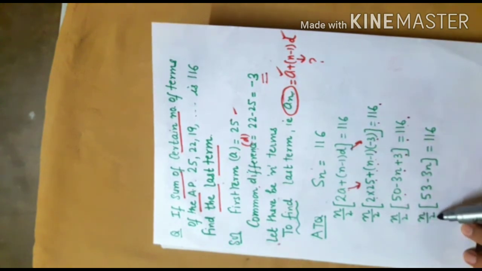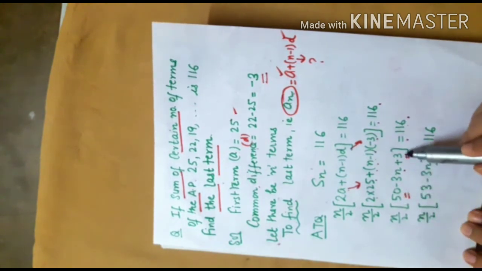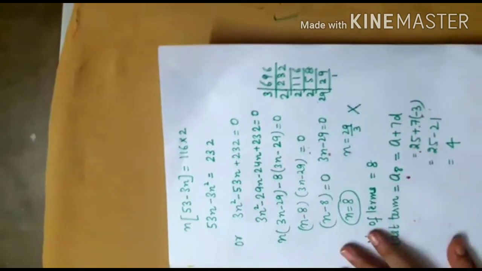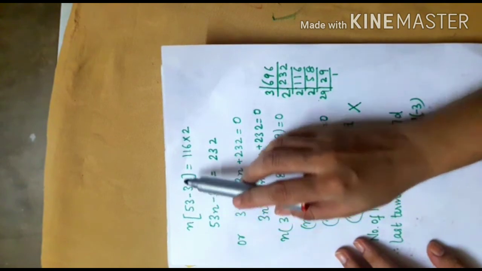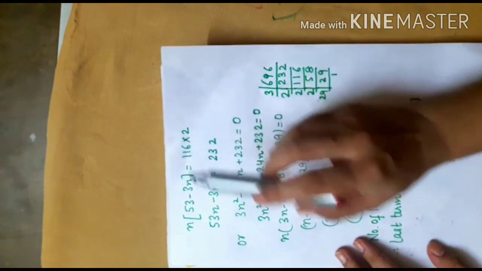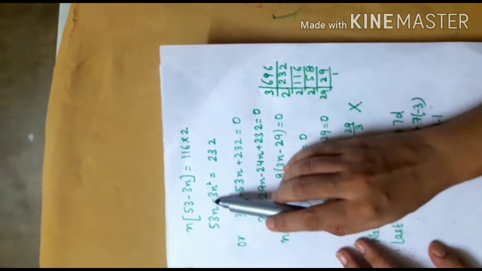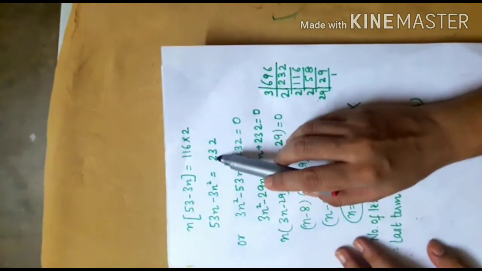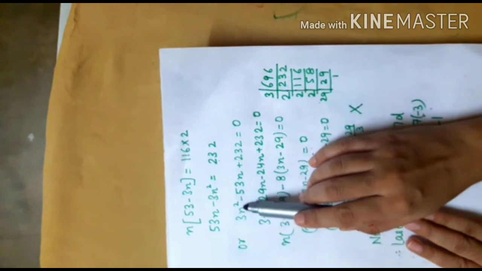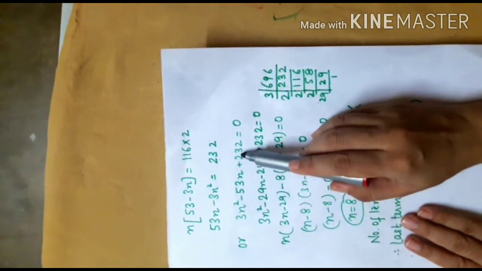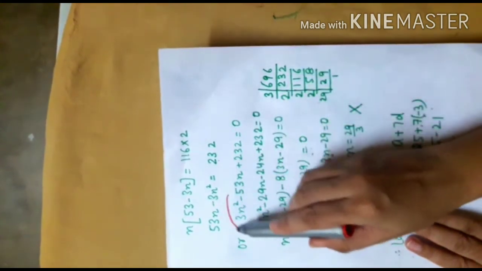That is n by 2 into 53 minus 3n is 116. So here I get n into 53 minus 3n equals 116 into 2. That is 53n minus 3n square equals 232. So I get the quadratic equation 3n square minus 53n plus 232 equals 0.